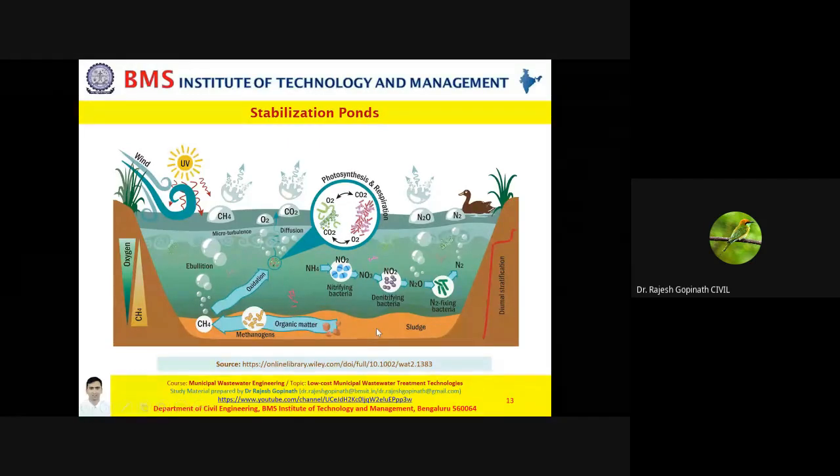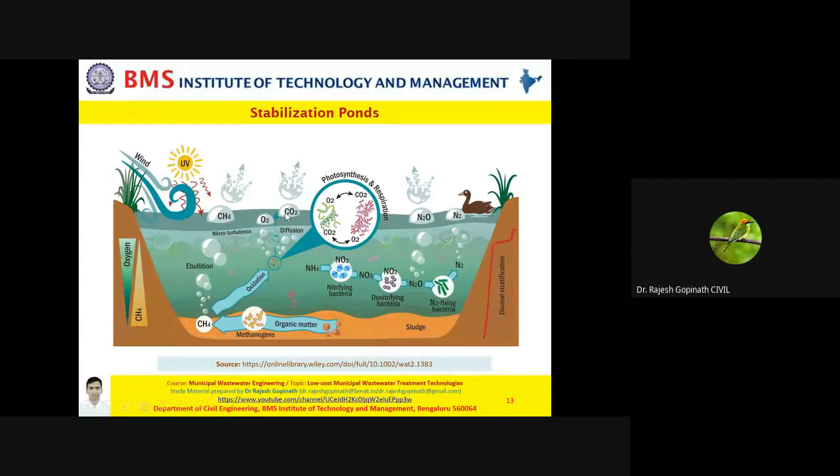So friends, what is happening here is, you're looking at sediment oxygen demand in this zone, the anaerobic zone. You're looking at a facultative zone here, wherein you have got nitrogenous biochemical oxygen demand. And at the top, you're looking at the aerobic zone, which is carbonaceous biochemical oxygen demand.